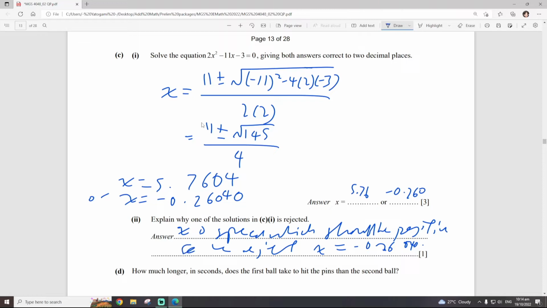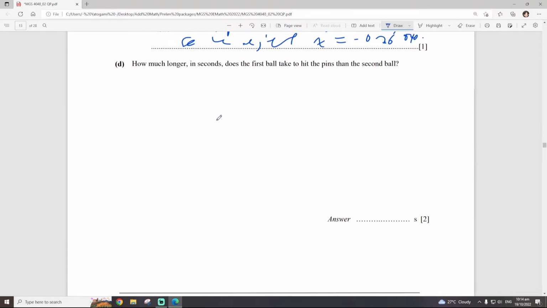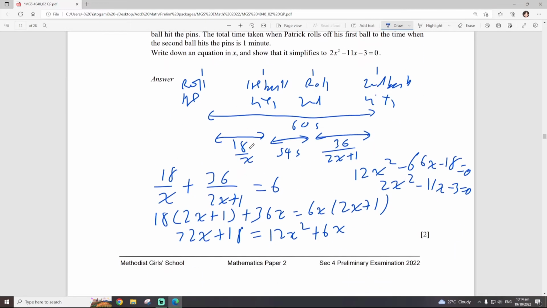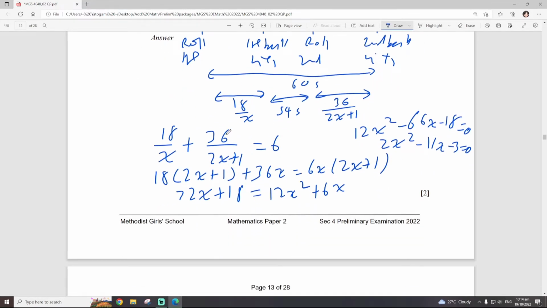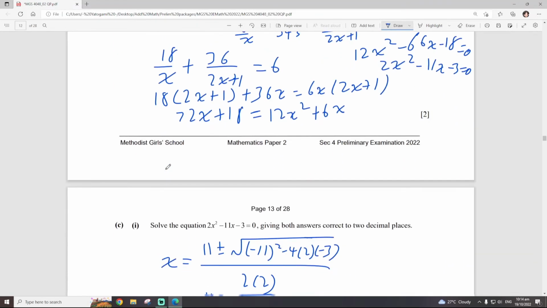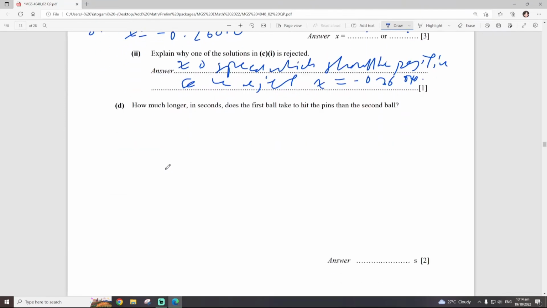How much longer in seconds does the ball take to hit the pins in the second case? So we're counting the difference in times. The time taken will be shorter for the second one than the first one. So that will be 18 over x minus, actually I can plug in the values.